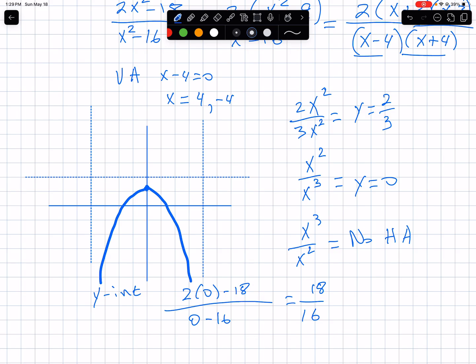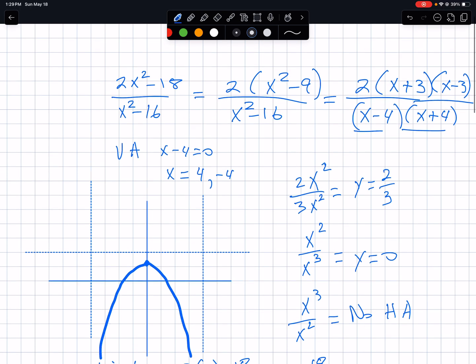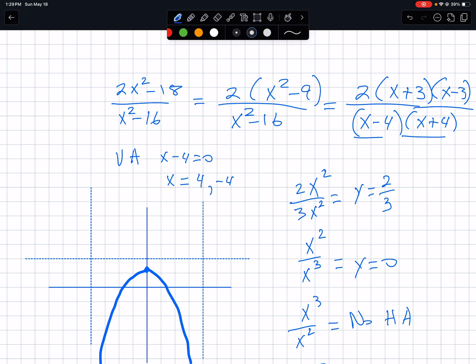She didn't. So see how she has these points at 4 and negative 4? So that's because, or 3 and negative 3, because to get the x-intercept, you set the numerator equal to 0. So x-intercept, numerator equal to 0. So this graph is a little different.